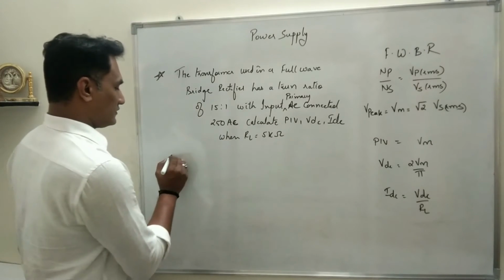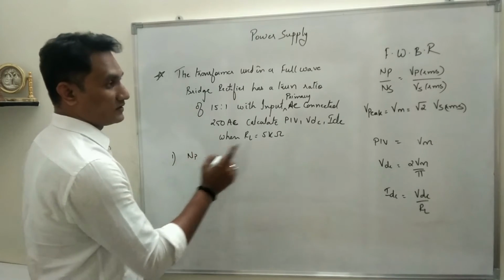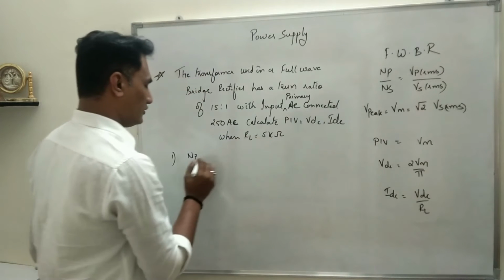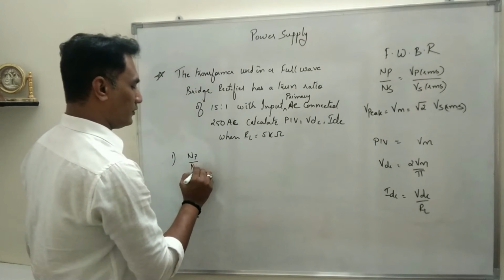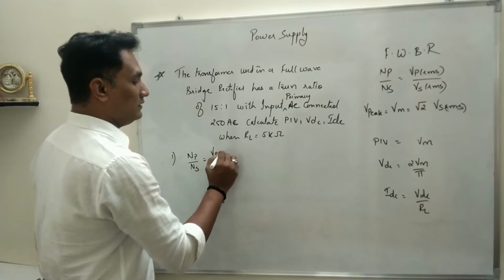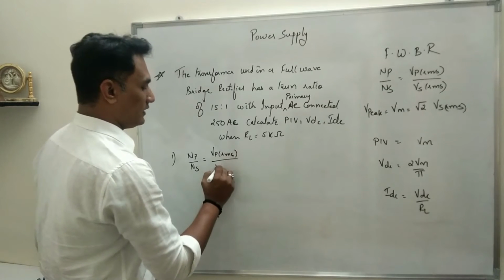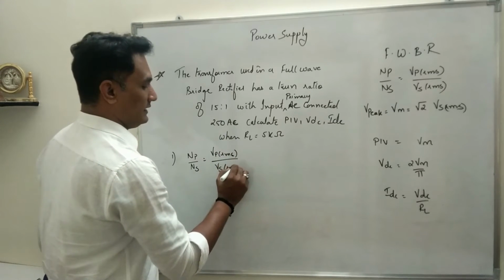So the first thing we will calculate is the VS RMS value, the secondary voltage. NP upon NS is equal to VP RMS upon VS RMS.